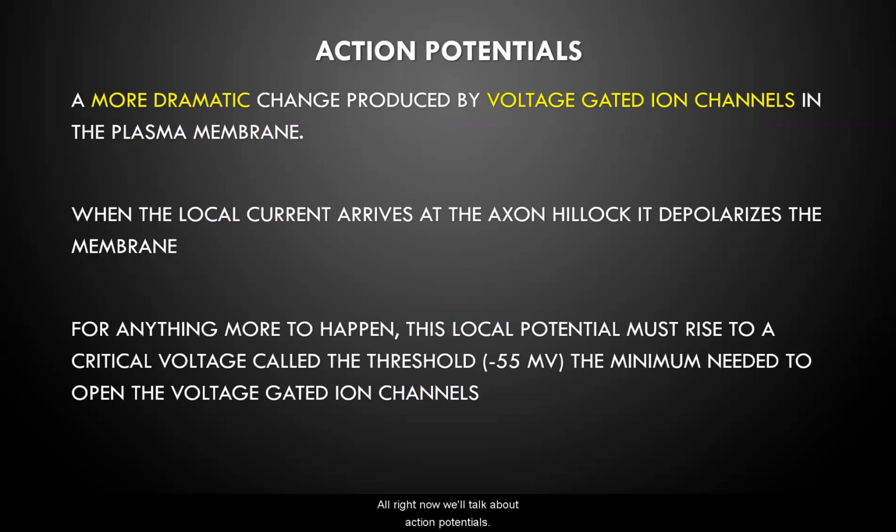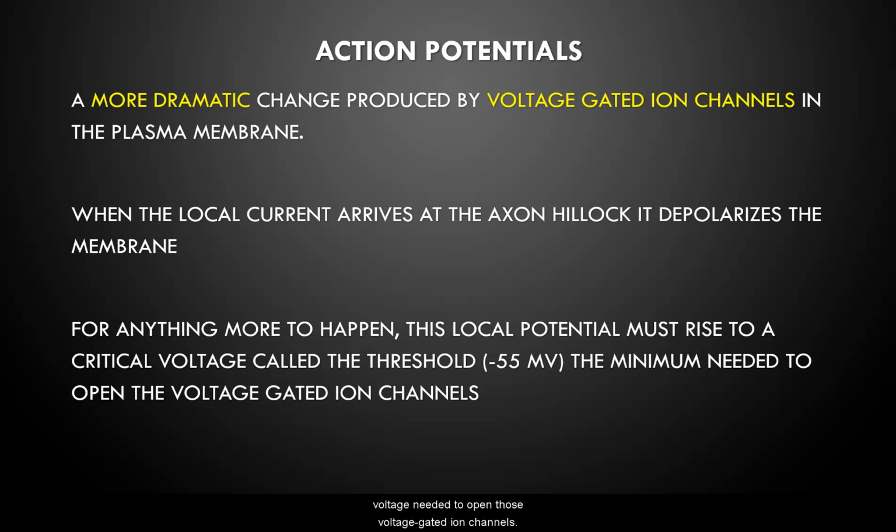All right. Now we'll talk about action potentials. Action potentials are a more dramatic change produced by the voltage-gated ion channels in the plasma membrane. When the local current arrives at the axon hillock, it depolarizes the membrane. Now, for anything more to happen, that local potential must rise to a very critical voltage called the threshold, and it's negative 55 millivolts in your neurons.